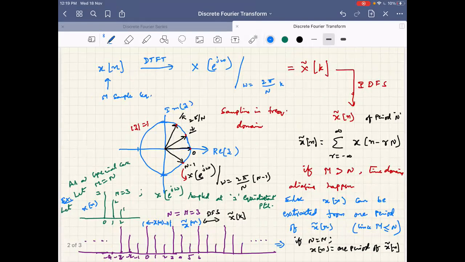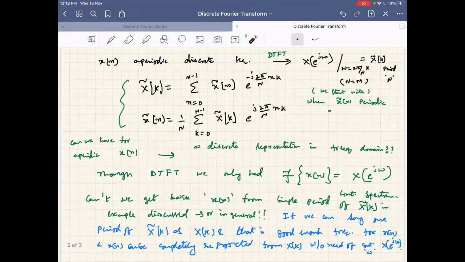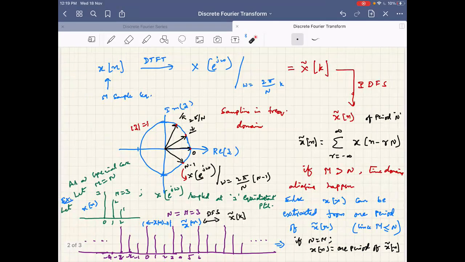So let us see in this case, will we be able to get back? If I give you only this, we can anyway get x tilde of k. Once we get x tilde of k, we can apply the discrete Fourier series. What I get is x tilde of n, right? As you have seen, the inverse discrete Fourier series gives x tilde of n, and x of n is just one period of it.